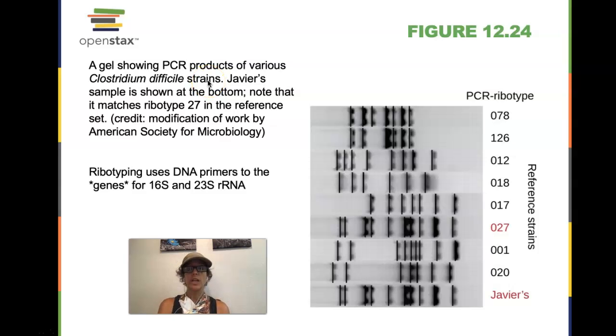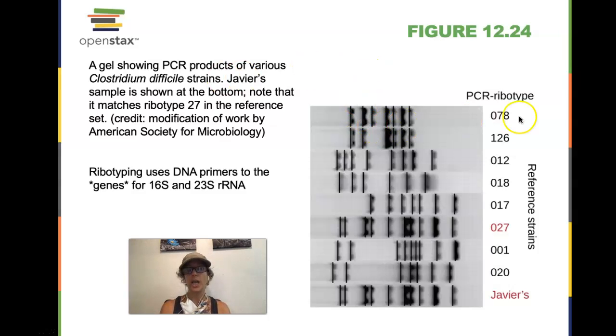Clostridium difficile is the microbe that causes C. diff, or Clostridium difficile colitis. It can be extremely damaging and even deadly. There are many different types, ribotypes, involved. So they're all the same genus and species, but there's variations within them.